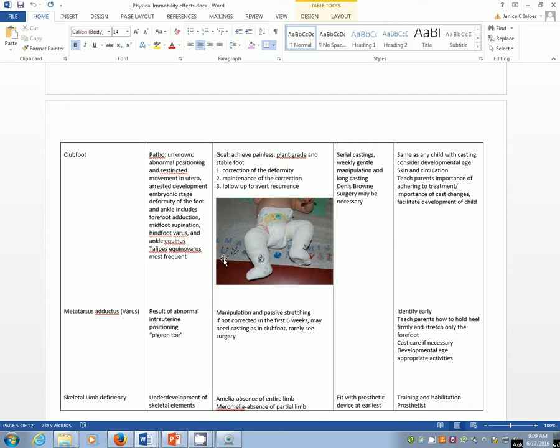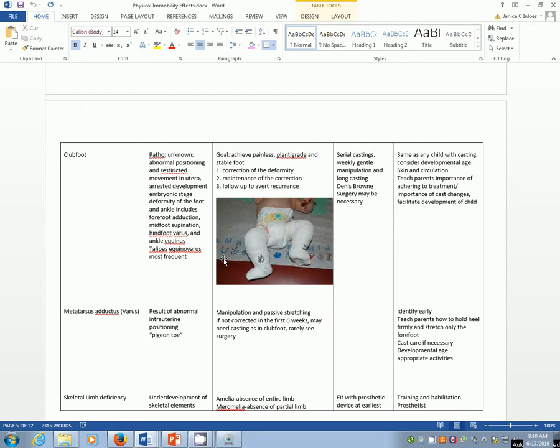Usually in the first 6 weeks, we are going to do serial casting with talipes equinovarus. Massaging the foot and stretching the foot is not as effective as the casting is, but it is helpful.